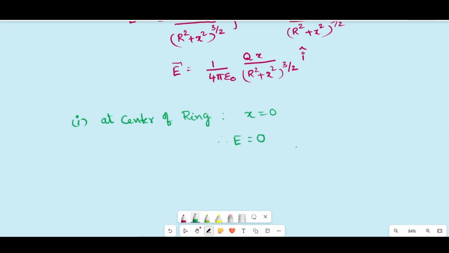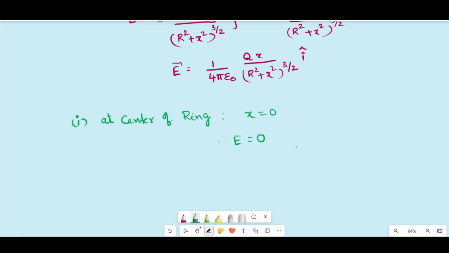And one more point: at the center of the ring the electric field intensity is 0, but at longer distances the denominator value keeps on increasing. So at infinity the electric field intensity will be 0. Generally we take electric field intensity as 0 at infinity. That means at the center of the ring it is 0 and at infinity also it is 0.